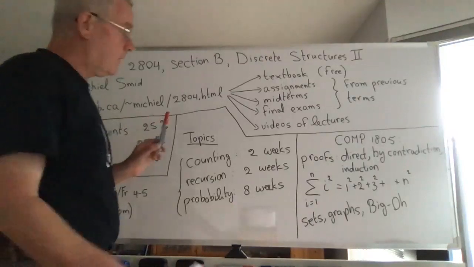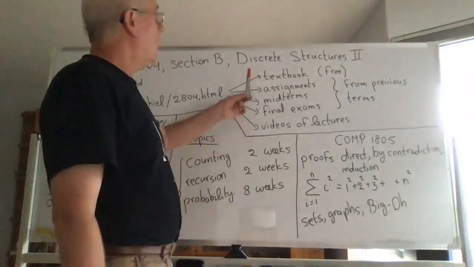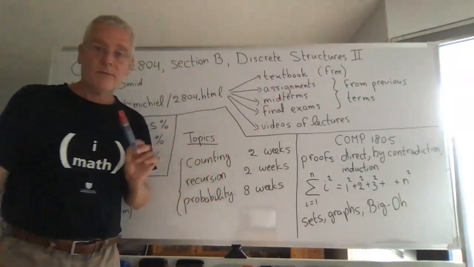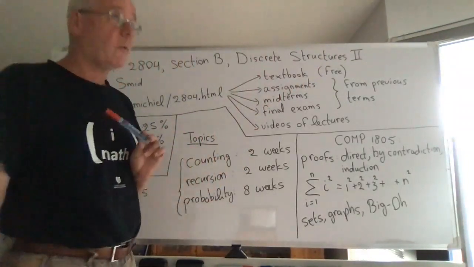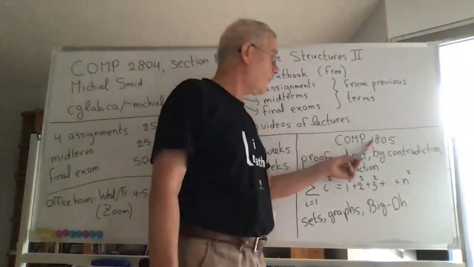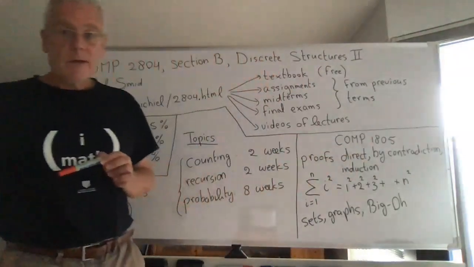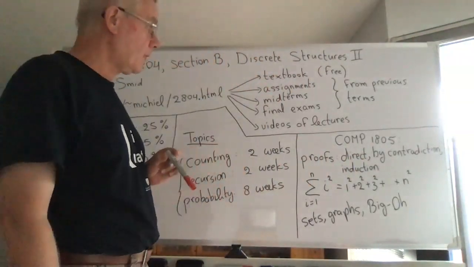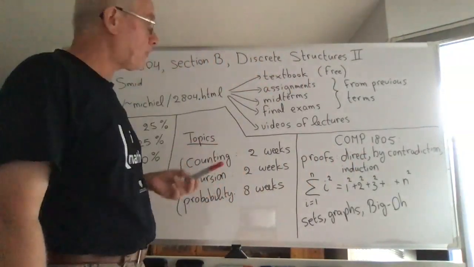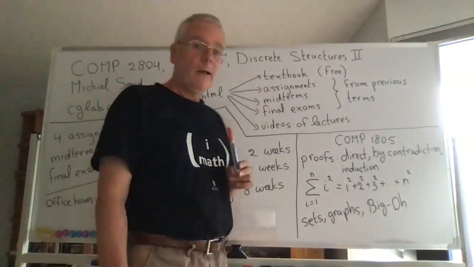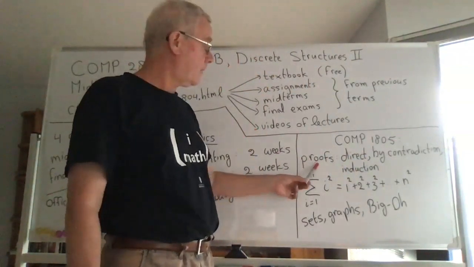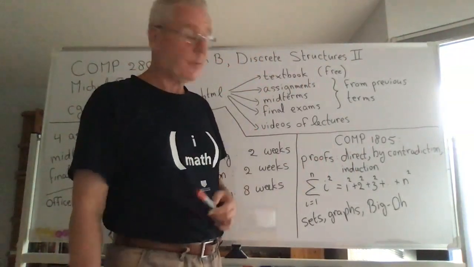This is Discrete Structures Part 2. You have taken Discrete Structures Part 1, which is COMP 1805, so I assume that you are still familiar with the material that you learned. In particular, I assume you are familiar with the different techniques for proofs.